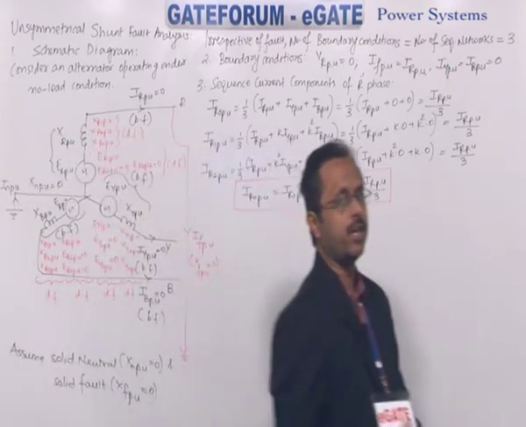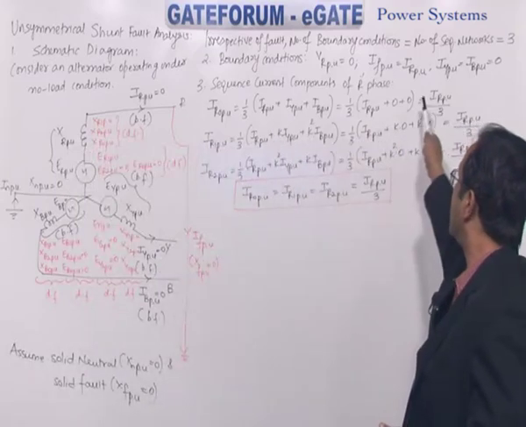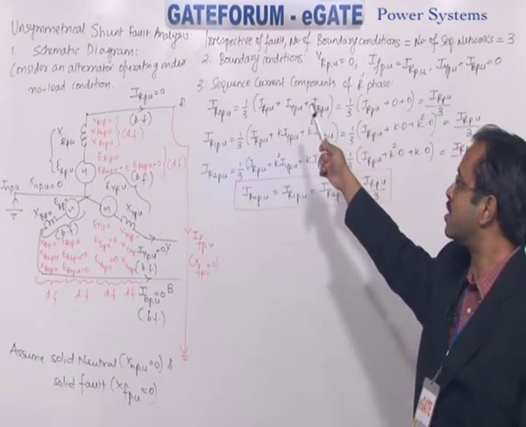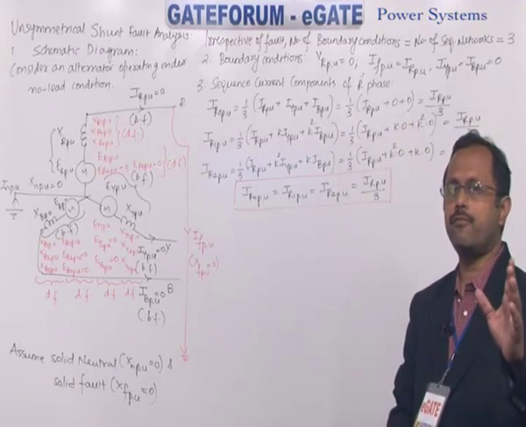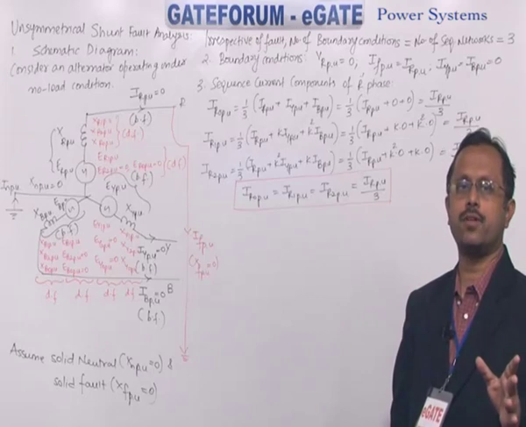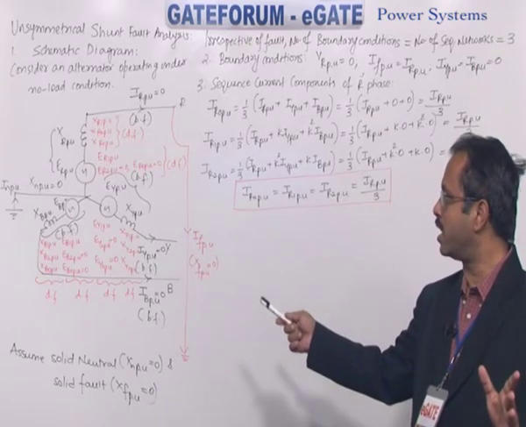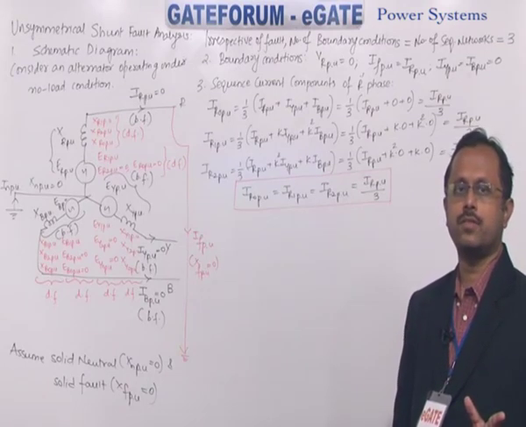Now, without solving, how to justify that zero sequence current is not zero, or how do you justify that zero sequence current flows? For any fault involved with ground, zero sequence current flows. I repeat, for any fault involved with ground, zero sequence current flows.